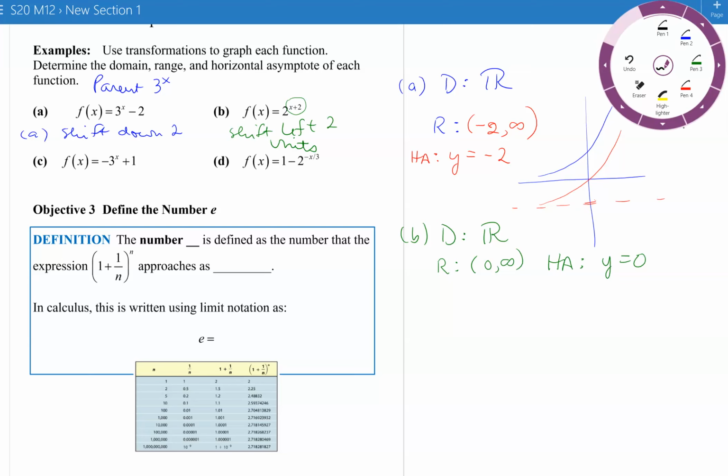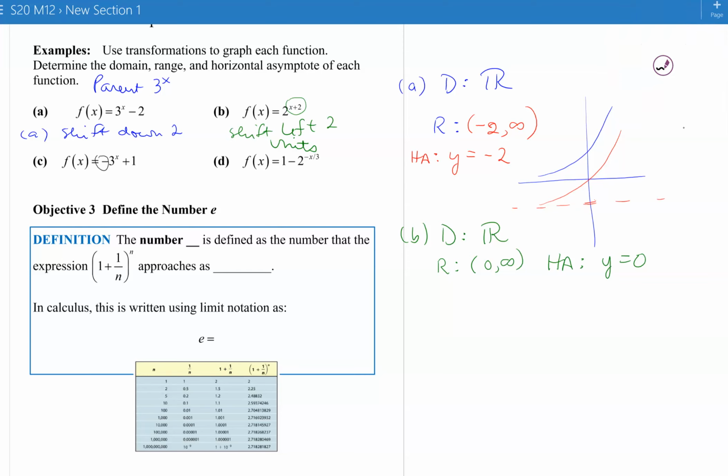After the function happens, we have a negative. So that's going to reflect about the x-axis and then shift up 1 unit. So here's our basic graph.